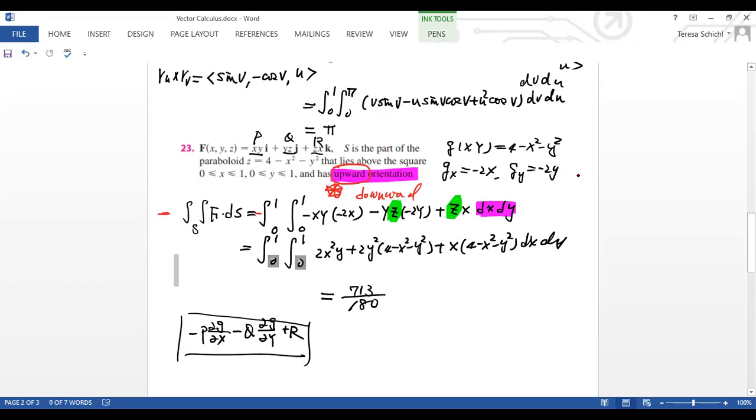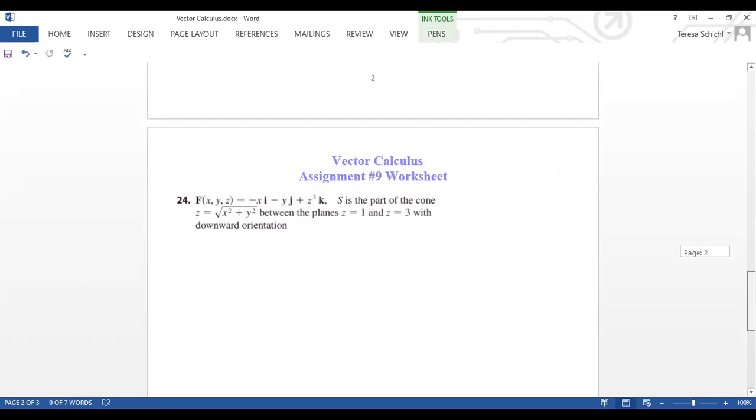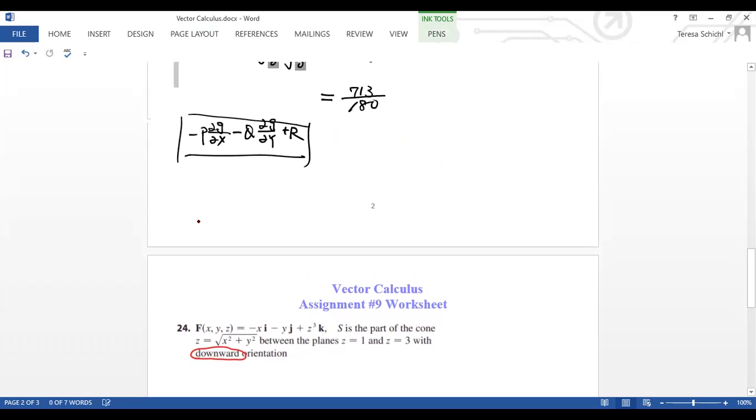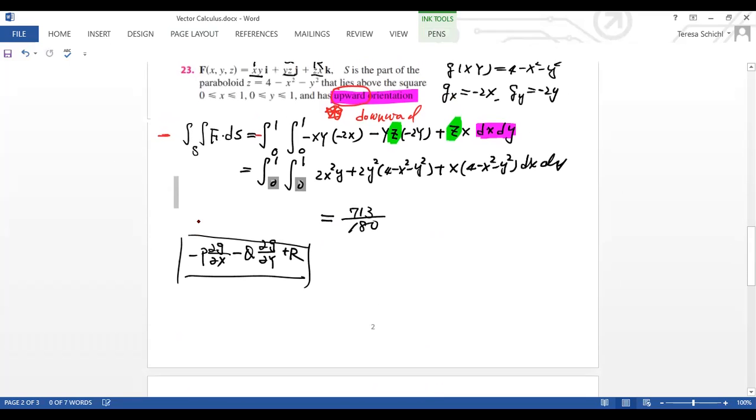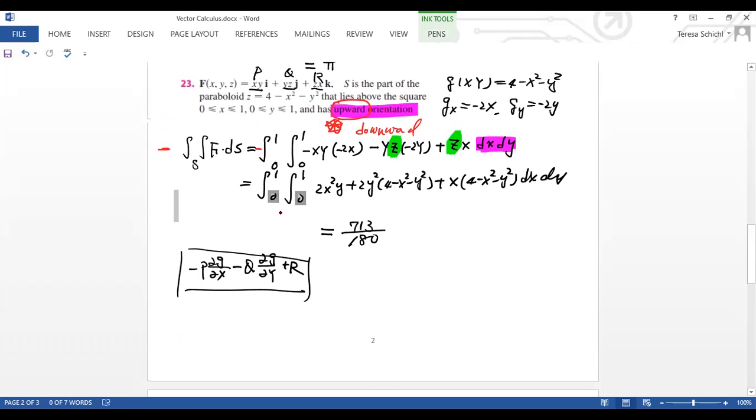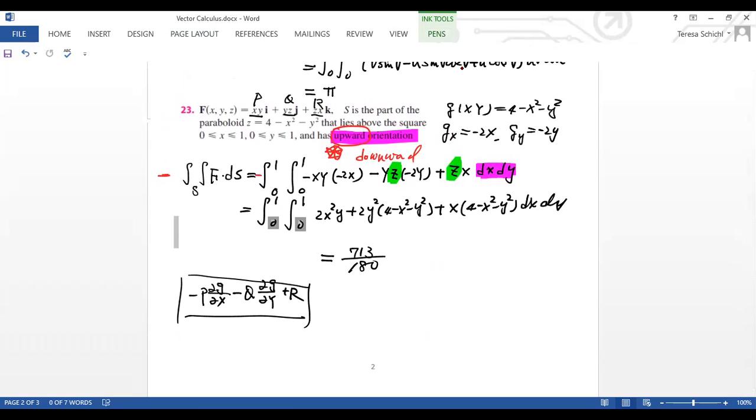That's why, if you take a look at the next problem, you need to be careful, because this problem says downward. If downward, just like in line integrals, don't forget to put a negative sign there.